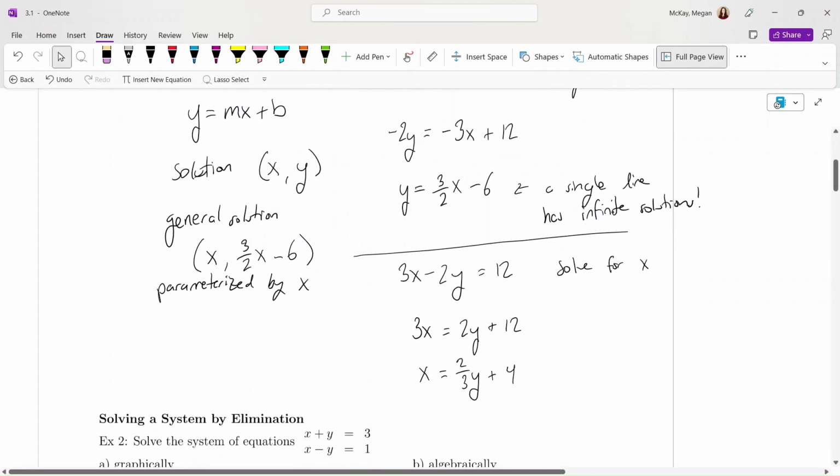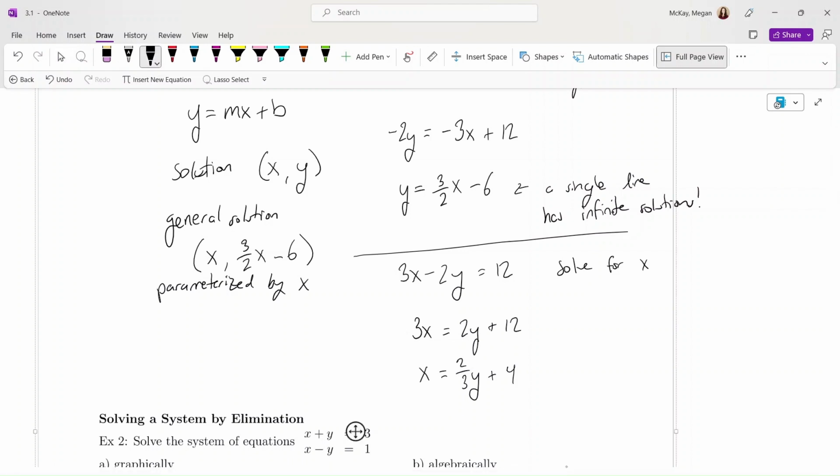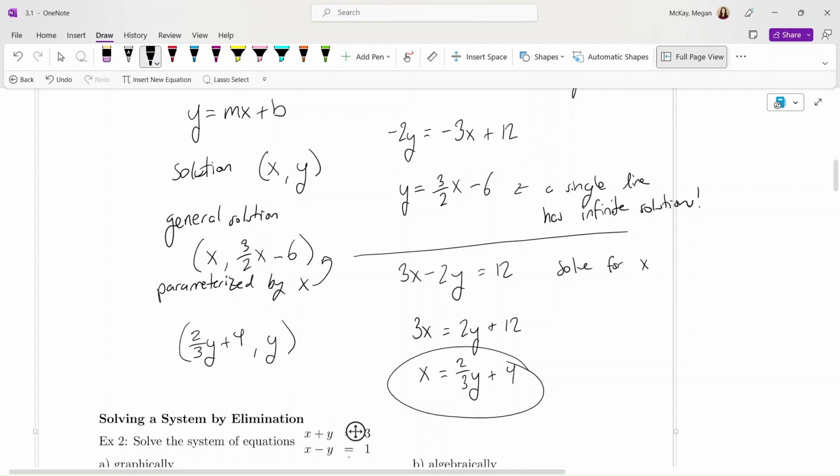So if we wanted to parameterize by y, instead we would say that our general solution, x is now 2/3 y plus 4, and y is y. This one is parameterized by y.